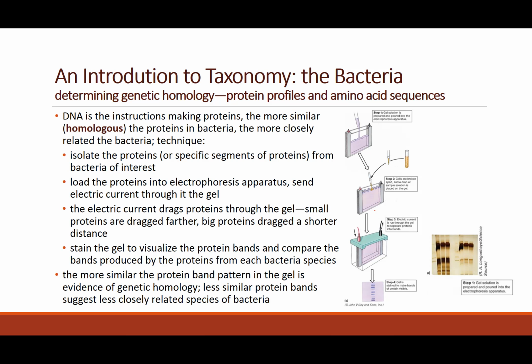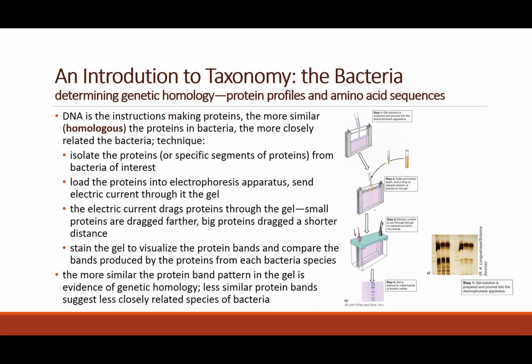So if DNA is the instructions for making proteins, you could look at the DNA directly and look for similarities, or you could look at the proteins and look for similarities in the proteins. For every 3 nucleotide bases in a string of DNA, that is a code for 1 amino acid.